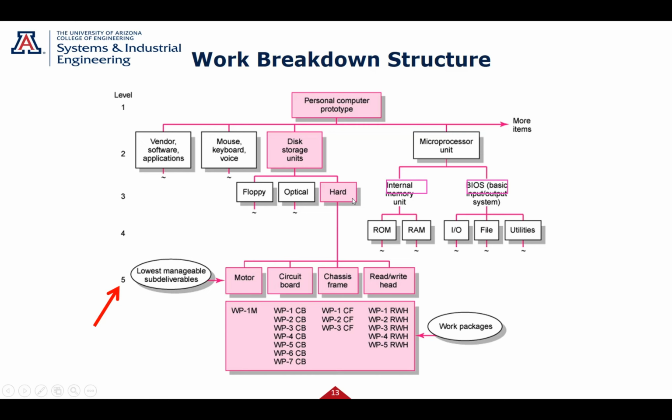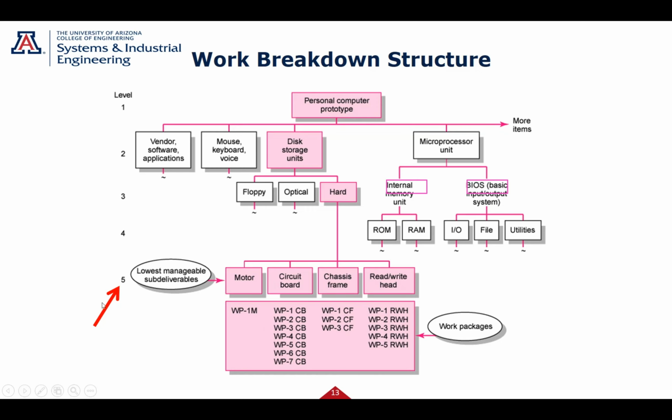Okay, let's take the hard drive. We now have the hard drive. It has a motor. It's not a solid state. It's a normal hard drive, so we got a motor. We got some circuit boards. You got a chassis. Needs to be in the chassis, and it's got a read-write head on it. So now you have all these pieces of this hard drive.